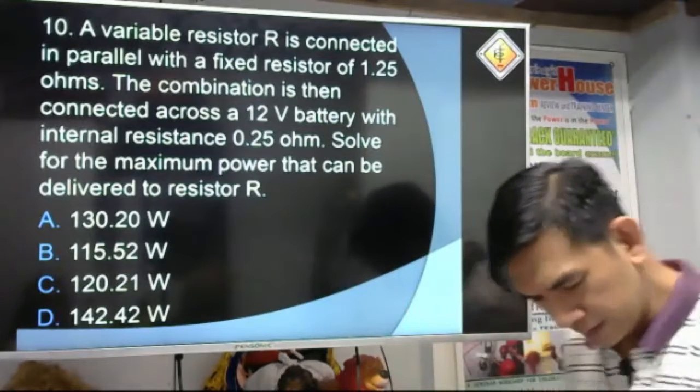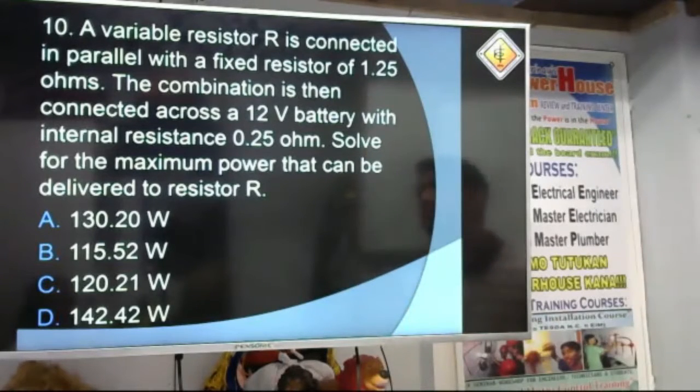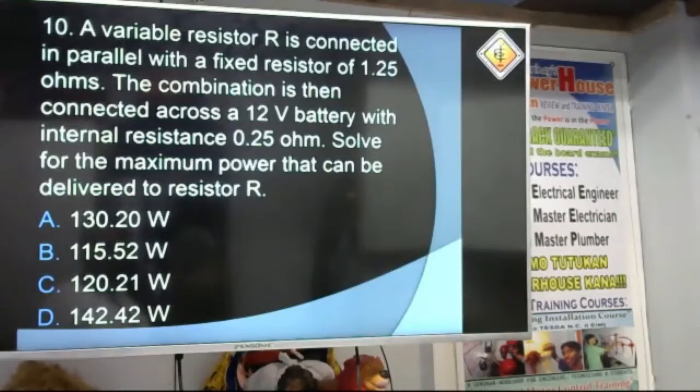Okay. So let us draw our circuit first. So we have a variable resistor R. It's almost the same with our previous problem, or number 9.